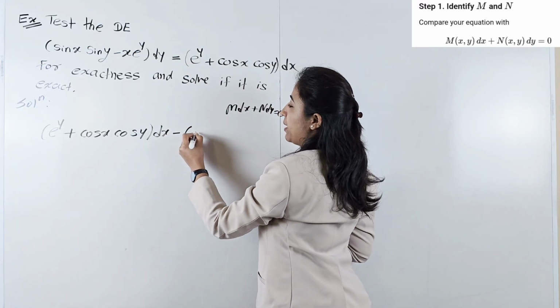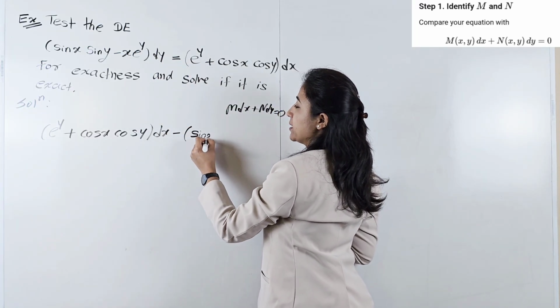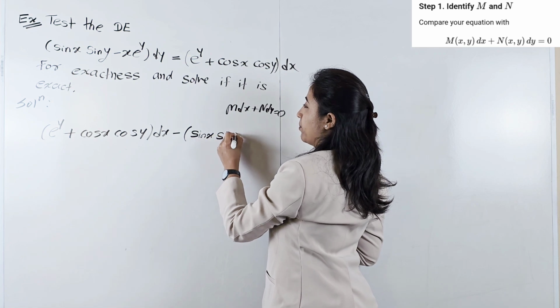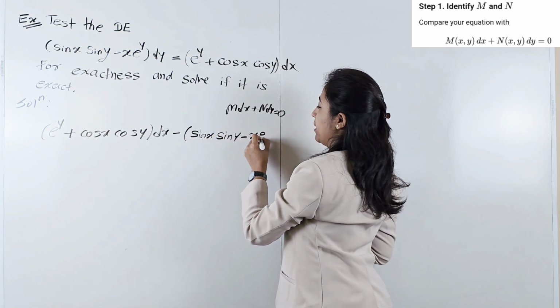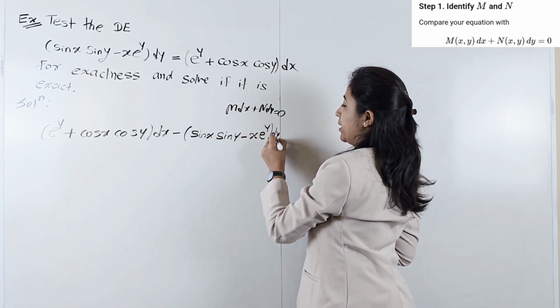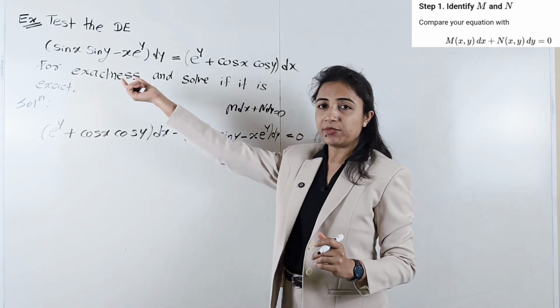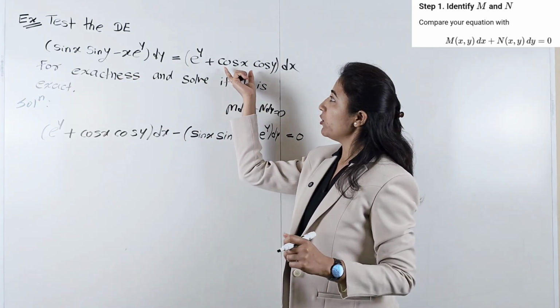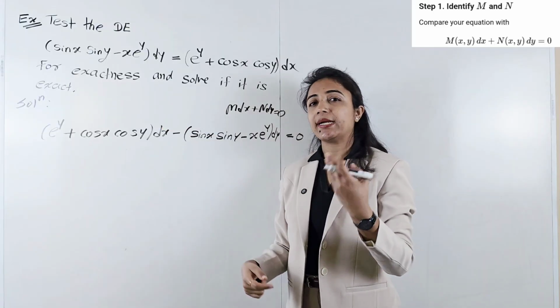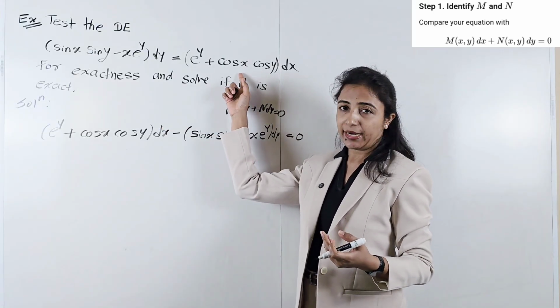So minus (sin x sin y − x e^y) dy equal to 0. Otherwise you can shift this term to the left side, that is also okay. If we shift this term to the left side, you will get the minus sign for this bracket.